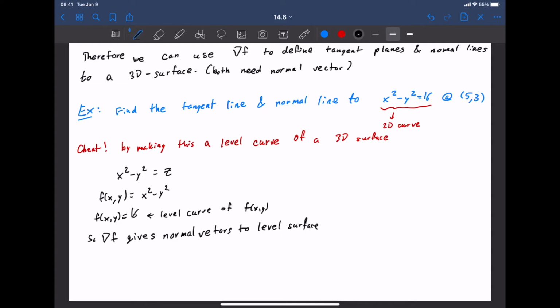A question that comes up sometimes when we're talking about this is, well, wait, did it really matter that it was 16 there? No, it does not matter which level curve we're looking at.